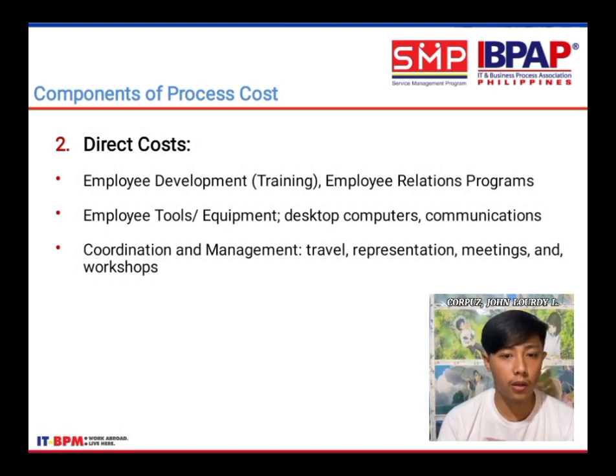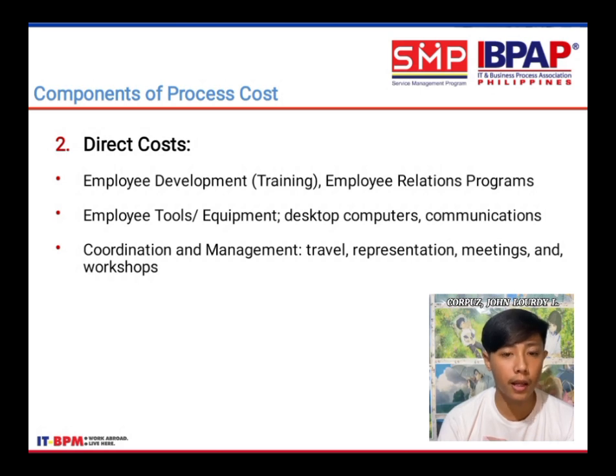Direct costs are a key component in understanding a business's cost structure. By identifying and managing these costs effectively, companies can optimize their operations, improve profitability, and make informed strategic decisions.